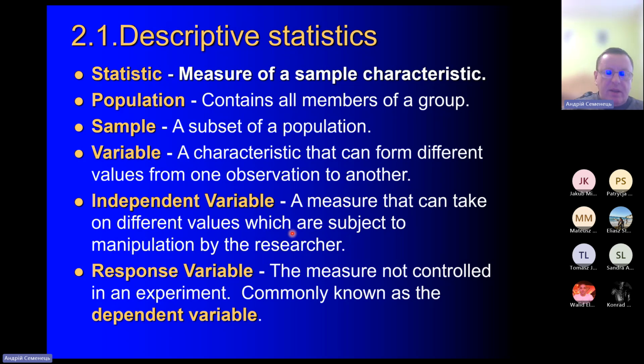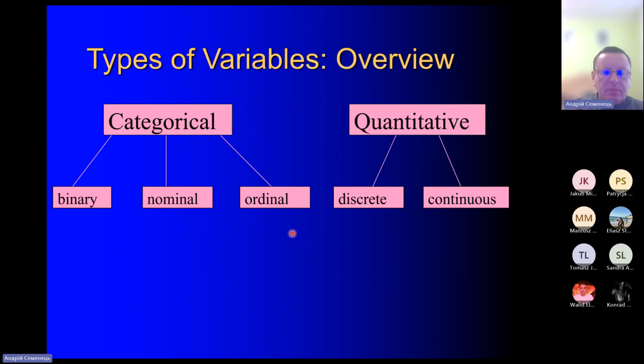Like, we give some medicine to our patient and we observe changes in their health condition, recording their biological parameters, vital signs, and then we try to make conclusions about the effectiveness, for example, of our new treatment. It's a very common case.